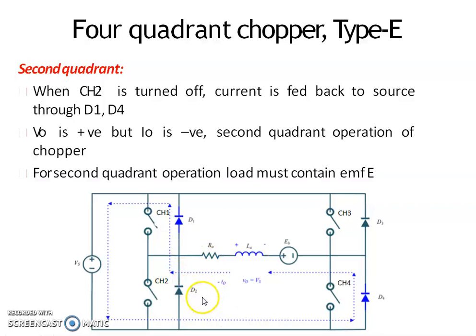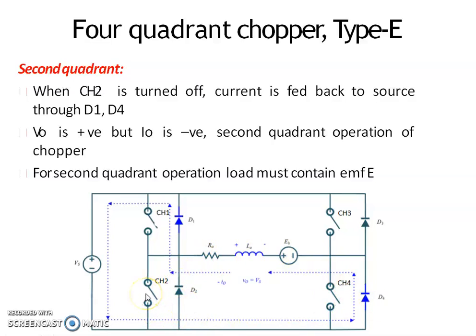Second quadrant, we are operating the switch CH2. When switch CH2 is in on condition, the back EMF or the load DC source E will aid the flow of current through the load, CH2 and D4.